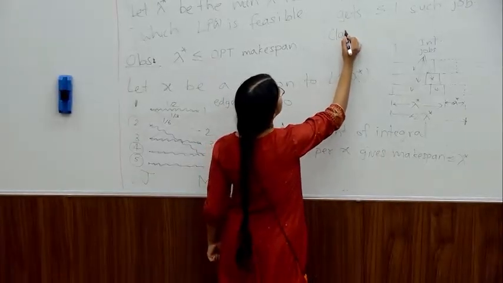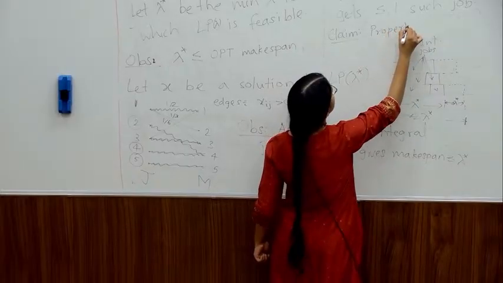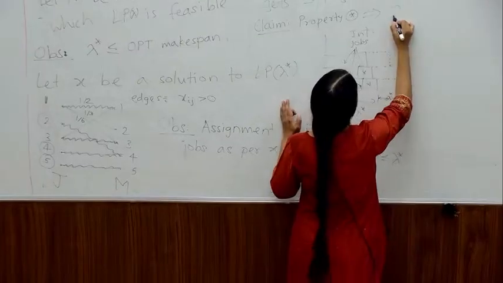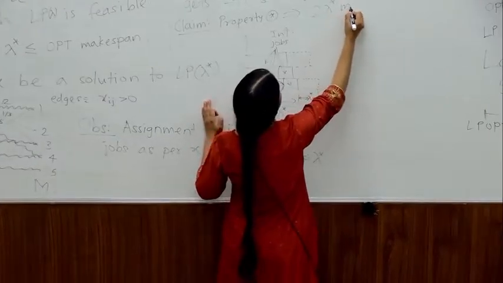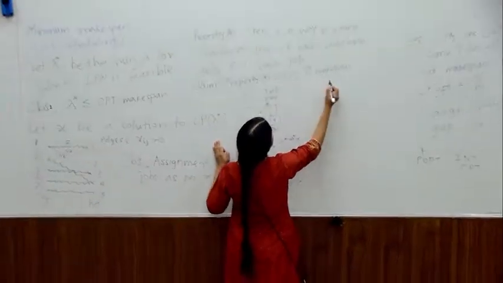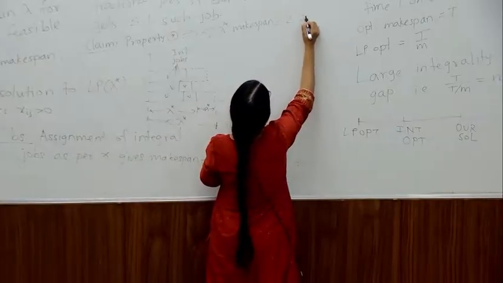So the claim is that if we have this property star, it implies 2 times lambda star makespan, which is less than or equal to 2 times the optimal makespan.